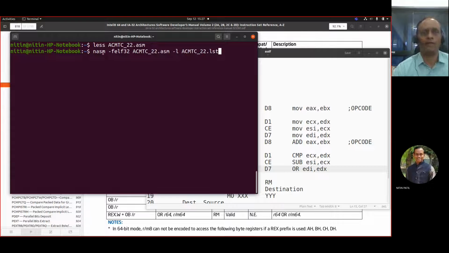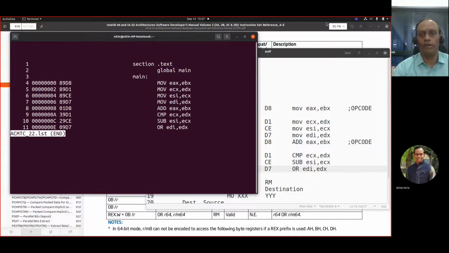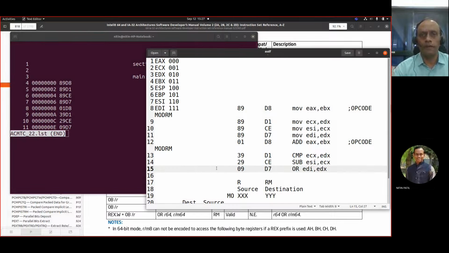Let me write this translation command: nasm -f elf32 with my program name, and I want to generate a LST file so as to compare the translation that I did by hand. Is it matching? So let us see this ACM teaching challenge 22 .lst file. Now let us compare here. The first instruction was move EAX, EBX. We got 89D8. Then 89D1, 89CE, 89D7.